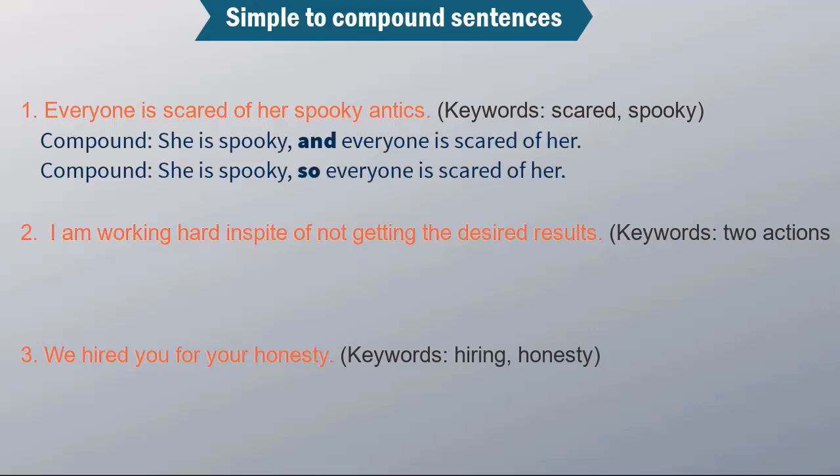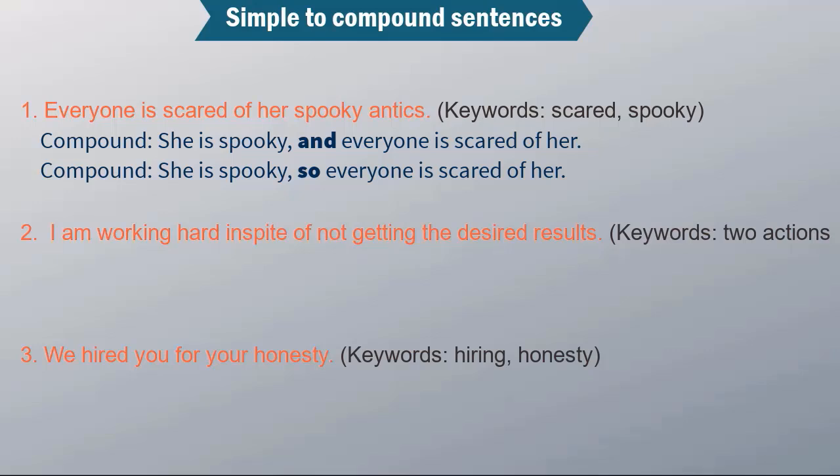She is spooky, complete sentence, independent clause, and coordinating conjunction. Everyone is scared of her. So we got 2 sentences here. We got 2 independent clauses here. She is spooky. Everyone is scared of her. And guys, both these sentences give the same meaning. I can also say she is spooky, so everyone is scared of her. Now, both the simple sentence and the compound sentence give the same meaning.